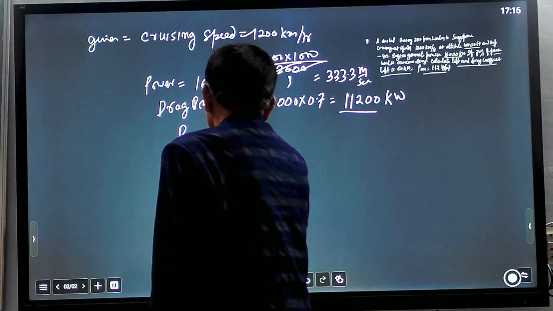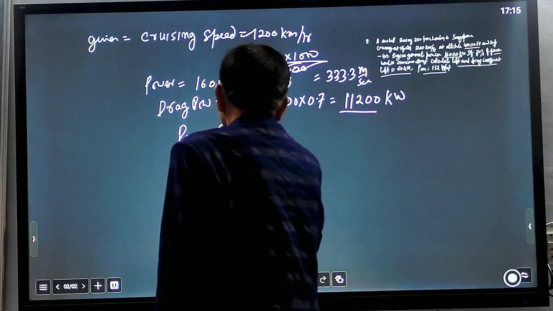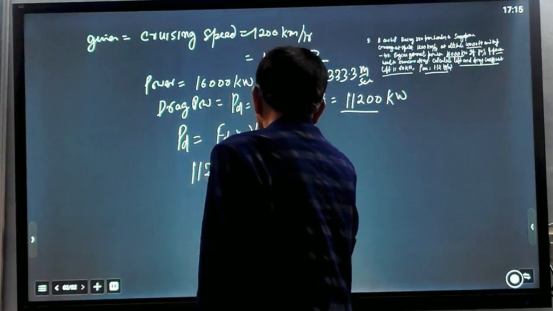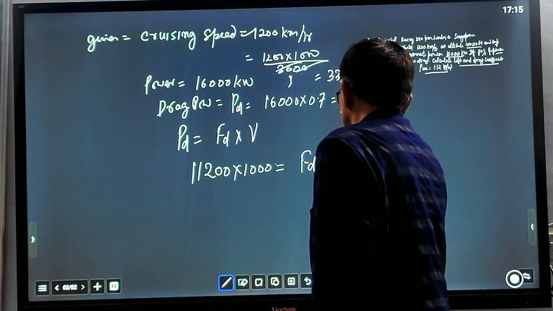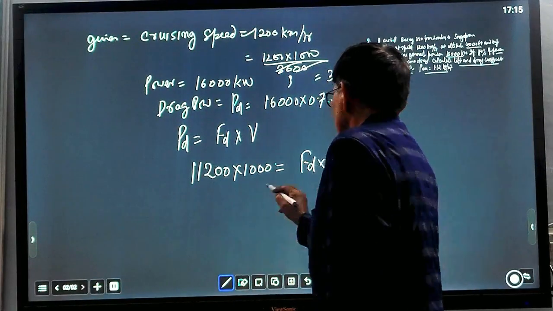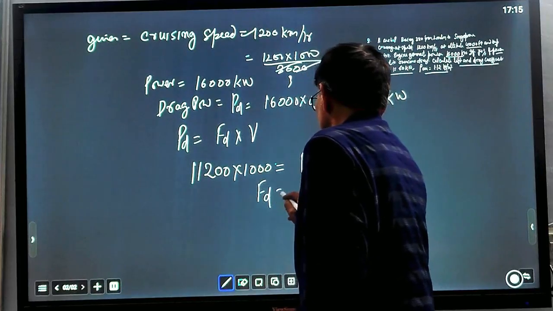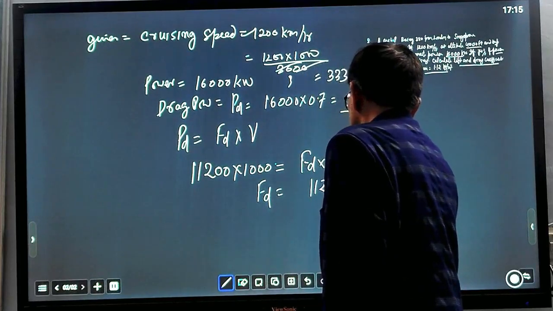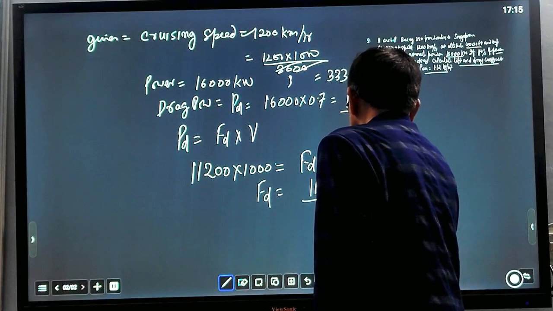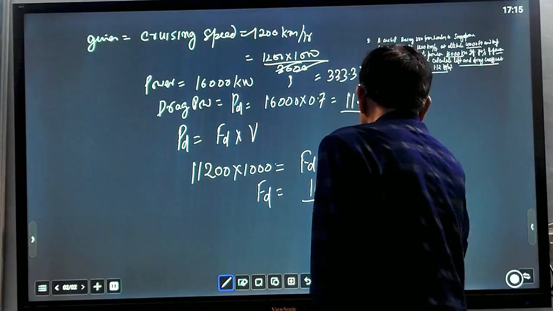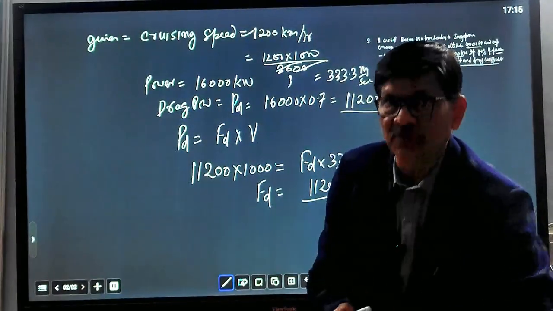So 11,200 multiplied by 1,000 equal to FD into velocity 333.3. So calculate FD equal to 11,200 into 1,000 upon 333.3. So that is the drag force we have to calculate.